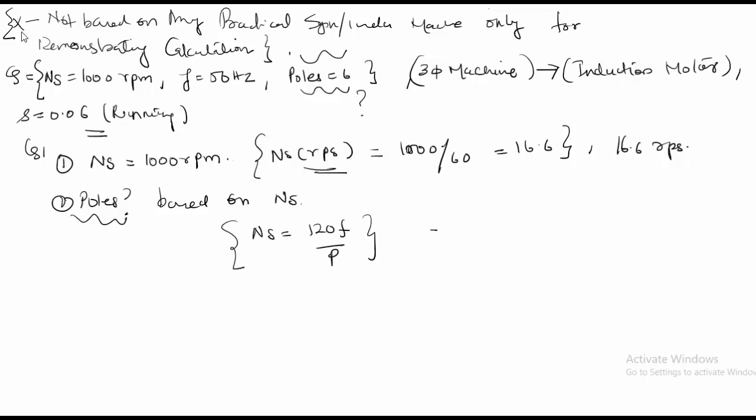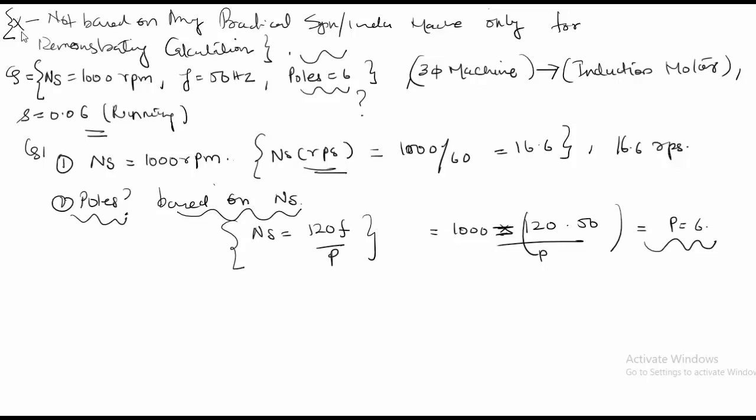So based on this, 1000 equals 120 into 50 divided by p, and if you solve for this, your poles is equal to 6. So it is possible to calculate your poles based on your synchronous speed.